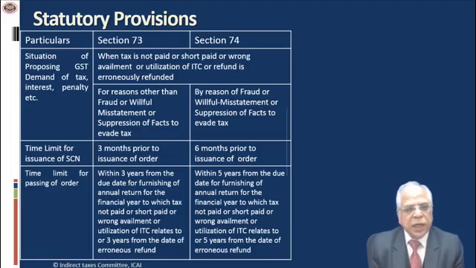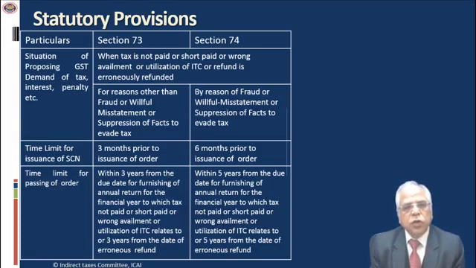But in the GST era, now the time limit for passing an order, that means adjudication of that notice, has been prescribed, which is 3 years from the relevant date when we talk about a notice under Section 73, and it is 5 years from the relevant date if the show cause notice has been issued under Section 74.